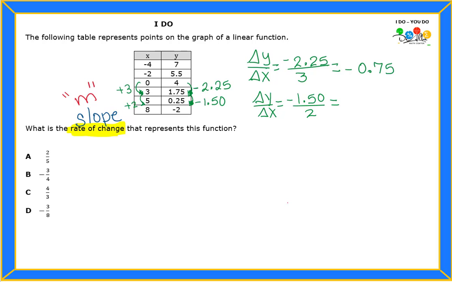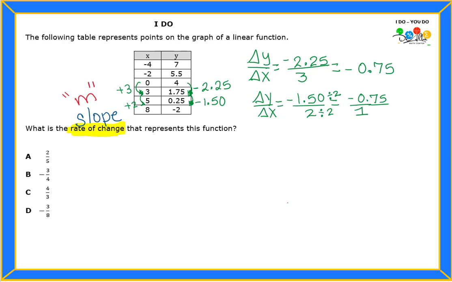If you simplify that, remember there are two things you can do. On the top one, notice how I just divided straightforward. On the second one, what if we simplify by dividing by 2? If I do that, I will get something with a denominator of 1, and negative 1.50 divided by 2 gives me a negative 0.75.